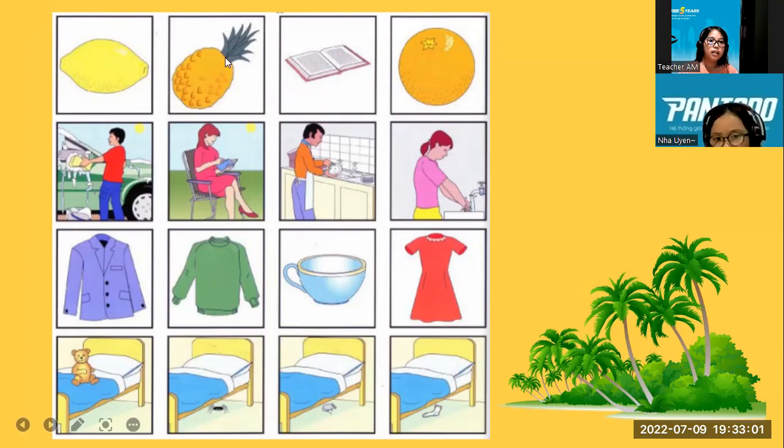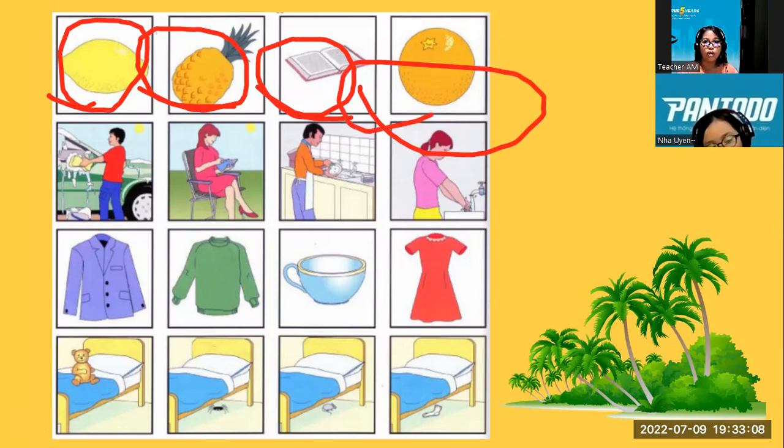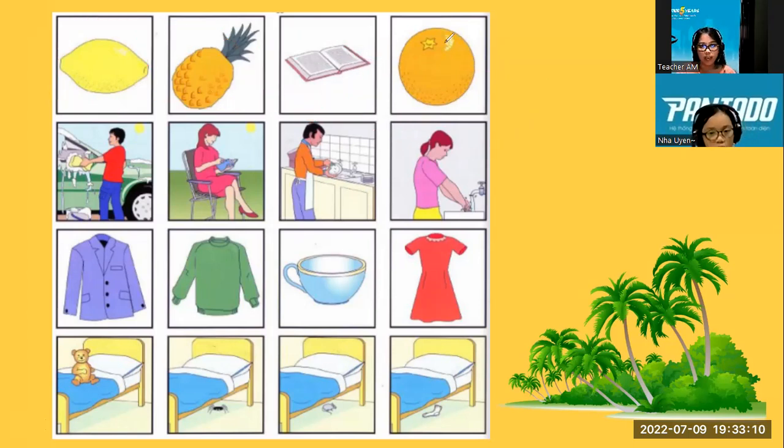Is it the lemon, pineapple, book, or orange? Which is different and why? A book because the book is not food. Okay, very good. How about here?